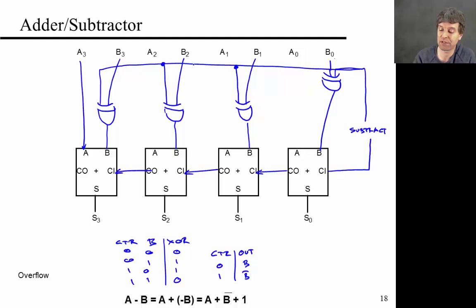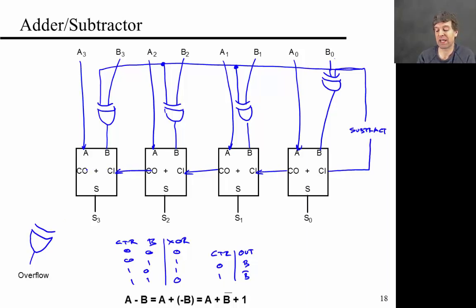So you have these carries that ripple through, and you have the A inputs that get added through these full adders. The last thing that's also interesting is that on the previous slide we talked about how we can deal with overflow. So we have one other output, and we said that overflow is essentially the XOR of the carry into the last bit and the carry out of the last bit.